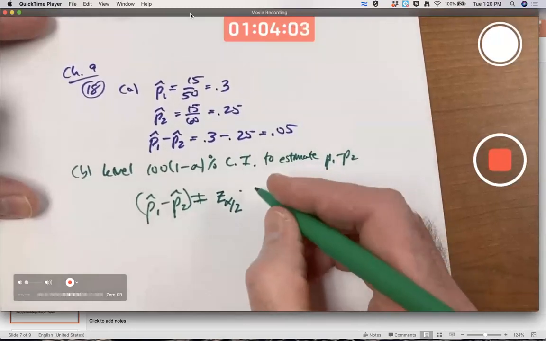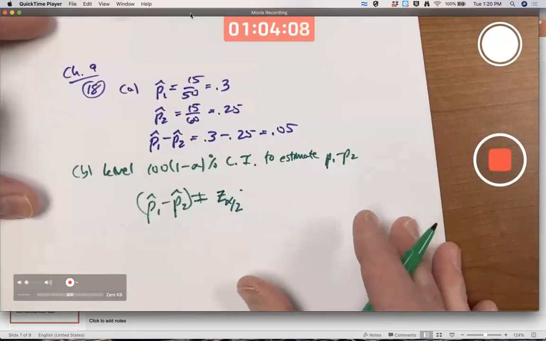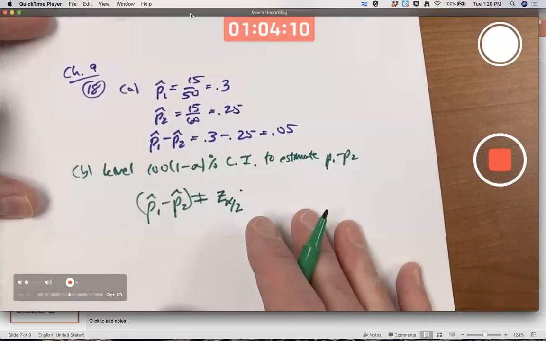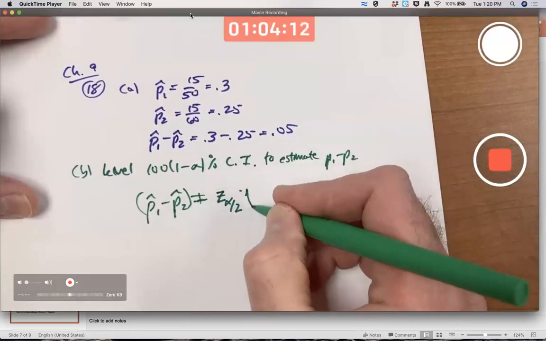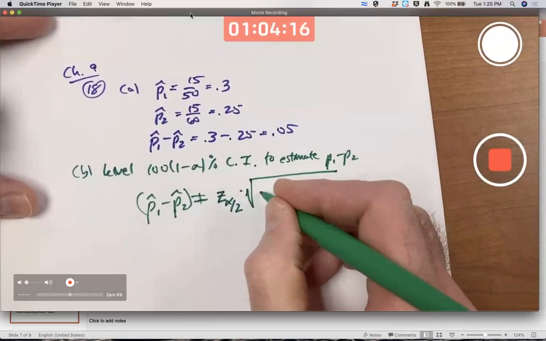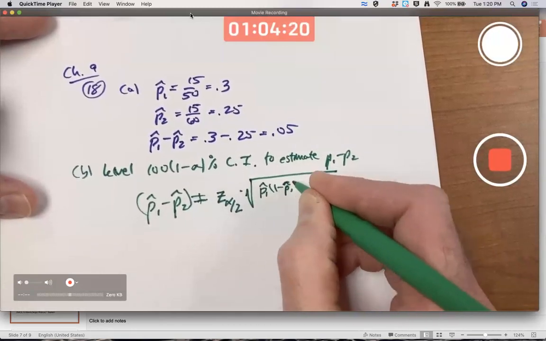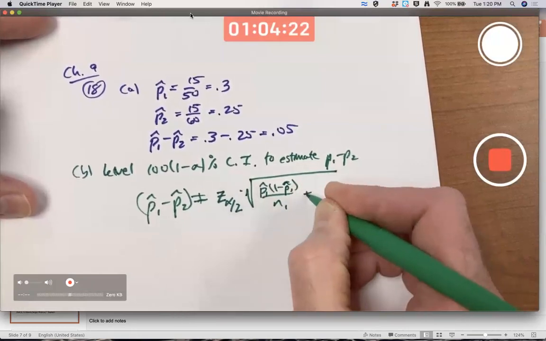And yeah, it turns out if you assume these random samples are from two separate populations and that they're independent of each other, the thing you multiply by is a square root of a certain sum. And this is the sum of these two fractions.